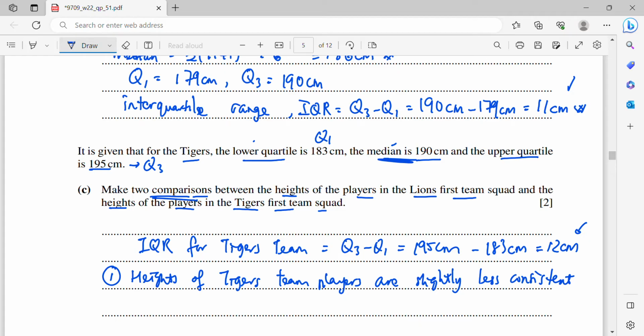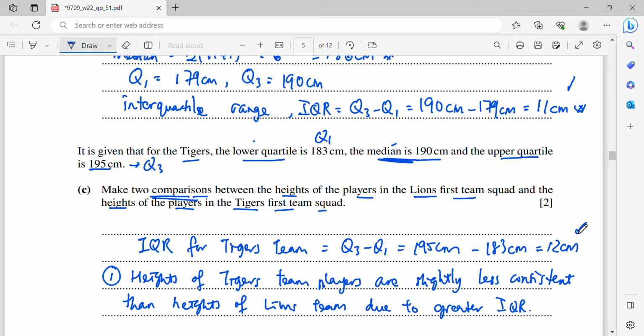More spread means less consistent, but it is not much less consistent. That's why I just say slightly less consistent. Then the heights of the Lions team, due to greater spread, greater IQR.